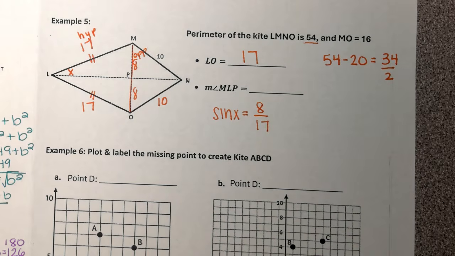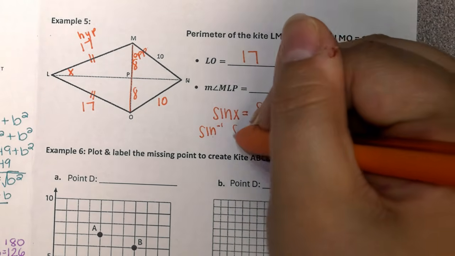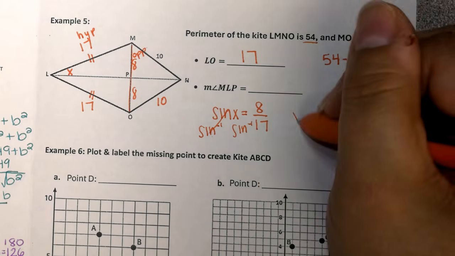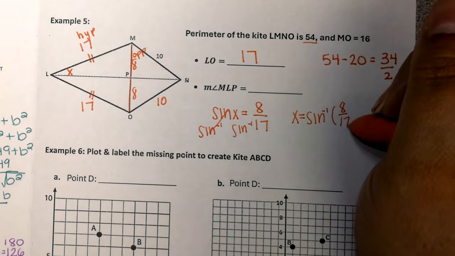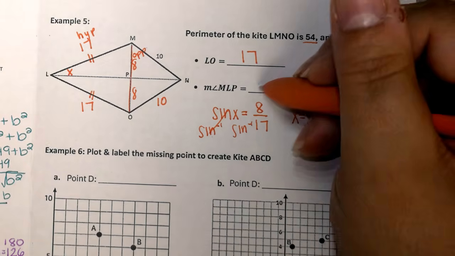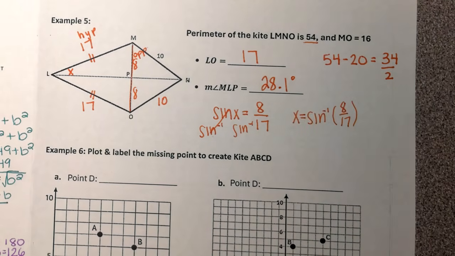How do I get x by itself? Inverse on both sides. Stay with me, I know some of y'all are going ahead. And when you put that in the calculator, you should get degrees. Remember, with angles, we are only rounding one decimal. Okay?